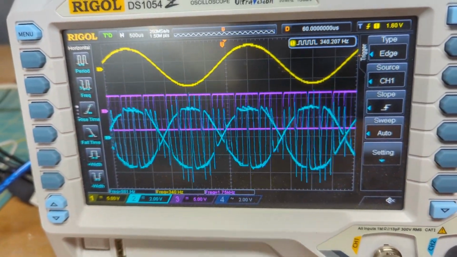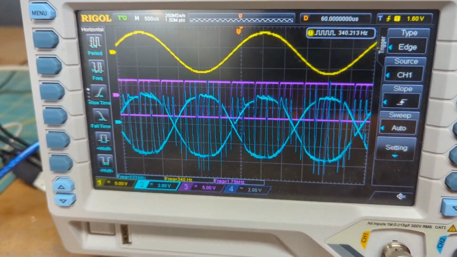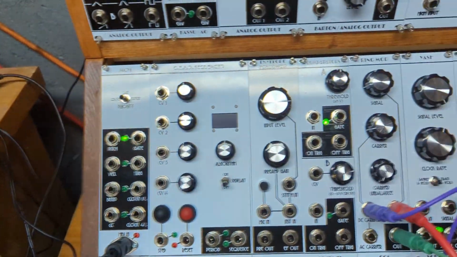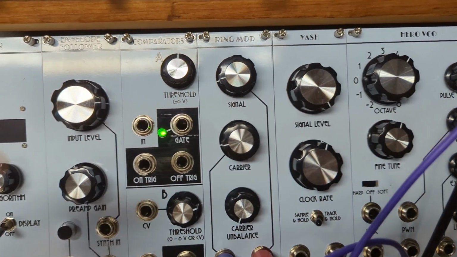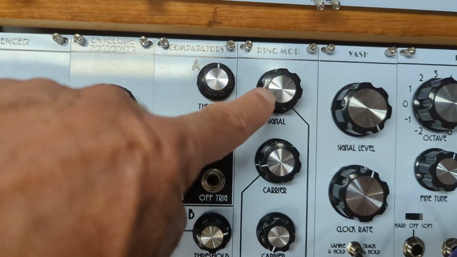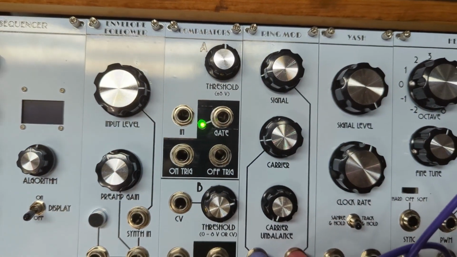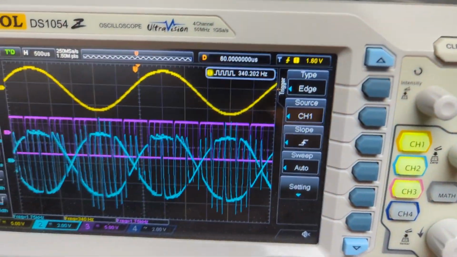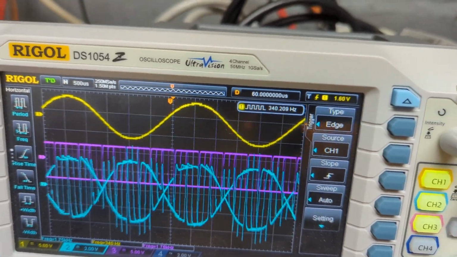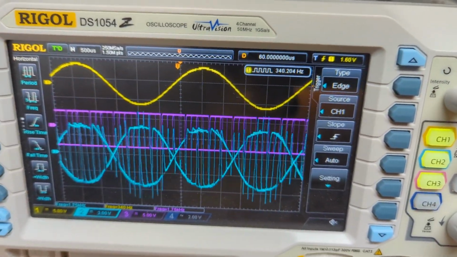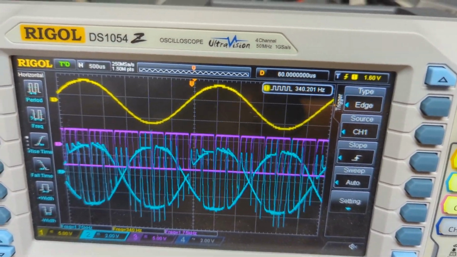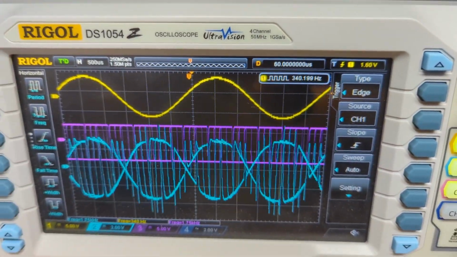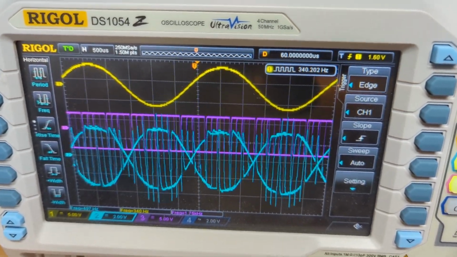Now, one thing to notice here is on the module, the signal is set to a pretty low level. In fact, if you were to look at the level of the signal inside of the ring modulator, it would be something like plus and minus half a volt, as opposed to the usually more like plus and minus 5 volts that a synthesizer signal usually is.